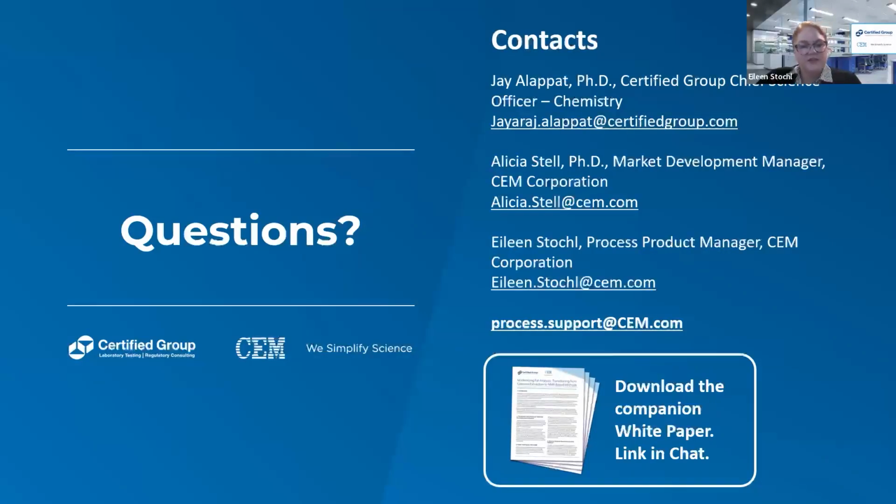So the biggest differentiator as far as the technology goes would be that we're doing direct analysis. One of the other things that really sets CEM apart is our service and our accessibility. We're always here to help, and we have several service people located around the world, not just in North America. Those are some of the biggest differentiators as far as CEM goes.